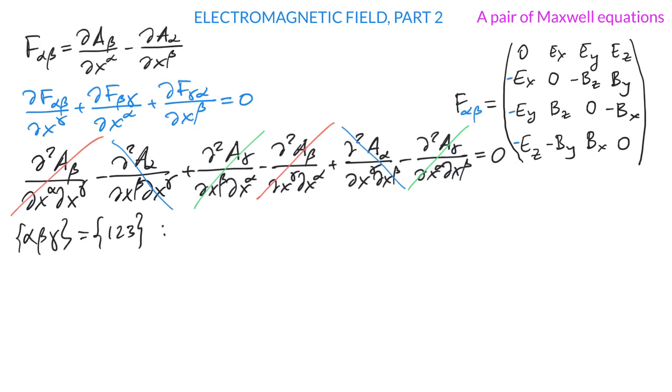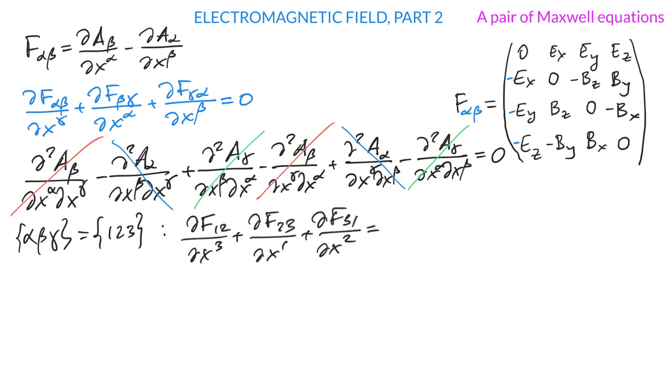And we proceed with this expression, setting alpha, beta, and gamma to 1, 2, 3. So here we have dF12 by dx3 plus dF23 by dx1 plus dF31 by dx2.